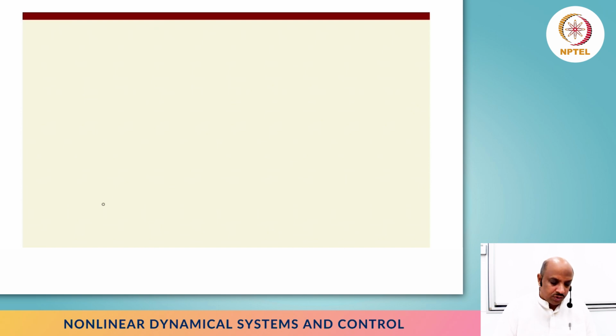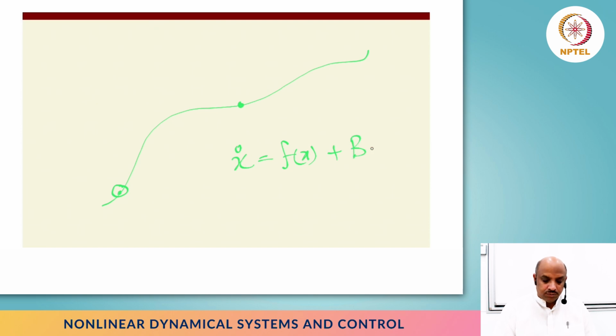One way of thinking about this is in a control problem. Suppose the final goal is something like this, then perhaps one can reach here, and suppose you are here, draw a line to the actual destination, and then you can stabilize the system. How do we stabilize? Typically we have x dot equal to f of x plus, for simplicity, B times u. This B could be nonlinear.